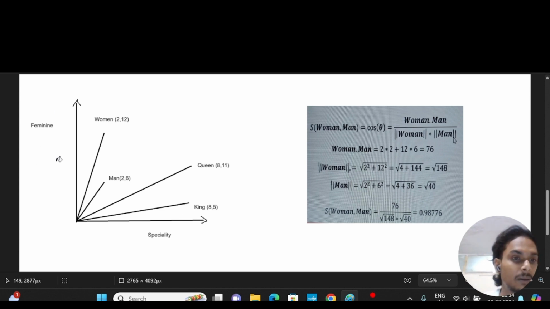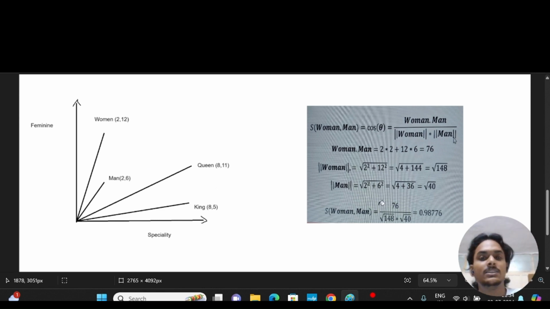In terms of feminine energy, the comparison between man and woman, the feminine energy of woman will be more than man. And in terms of speciality, in comparison to man and woman, king and queen will have more speciality. And king in comparison with the queen, the feminine energy will be less.